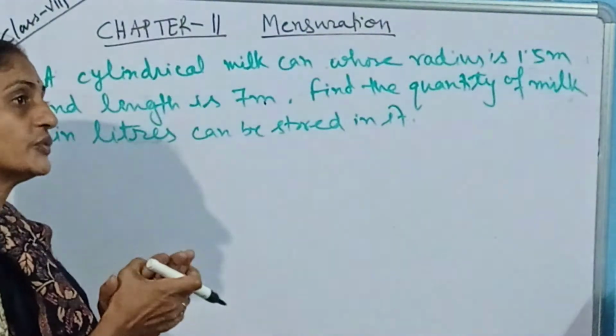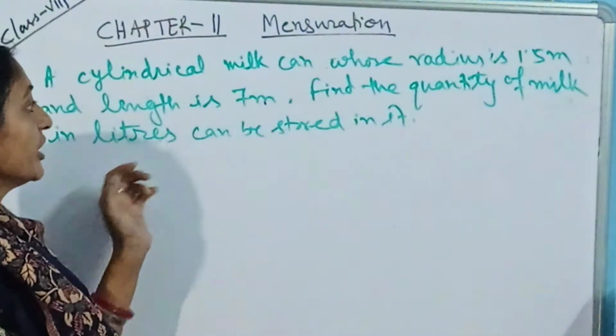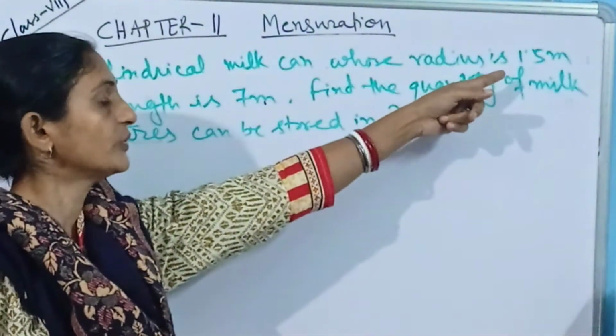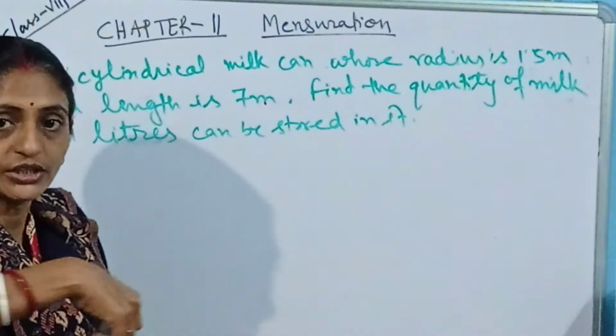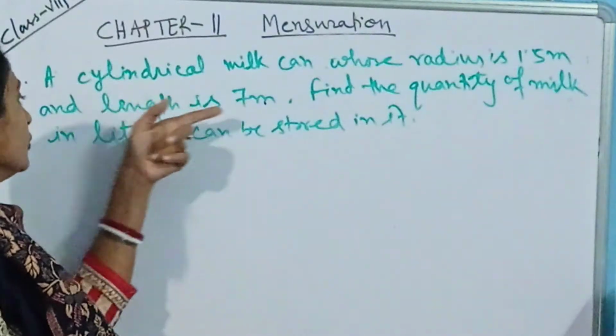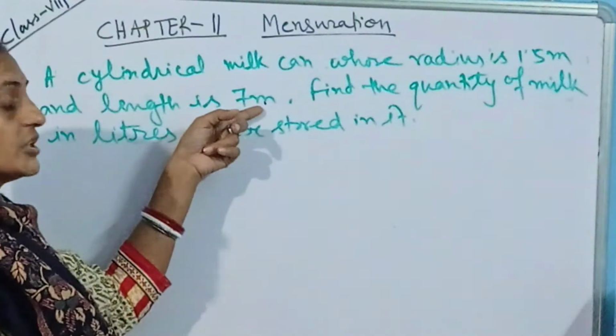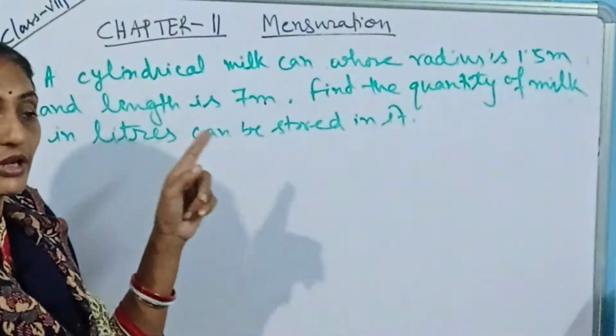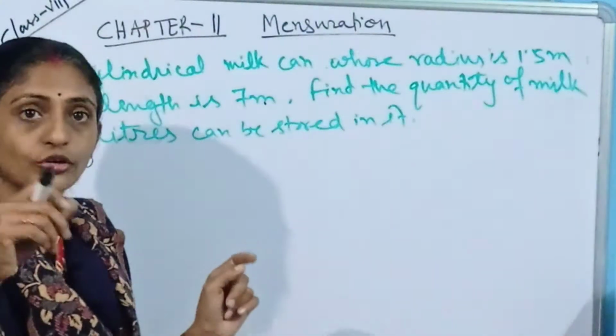Okay, so the first thing given is that the radius of this can is 1.5 meter. That means from the base you can find the area of the base. The second thing, the length of the can is given as 7 meter. The length of this can is the height of this can.